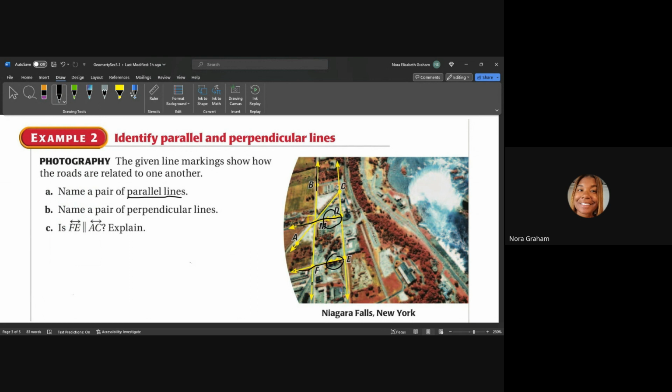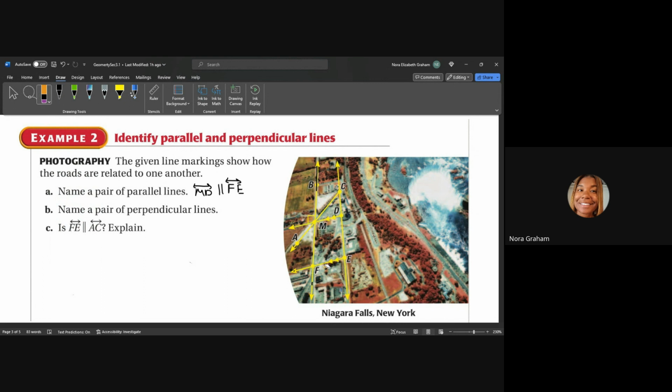Since they share those same markings, I know that my line MD, and then we put an annotation up here to let other readers know we're talking about a line, to indicate parallel, we put two lines like this, parallel to FE. Right. And that's the answer for that one.